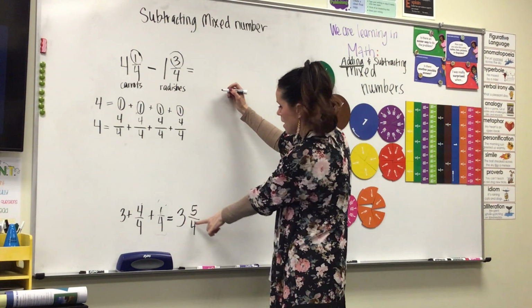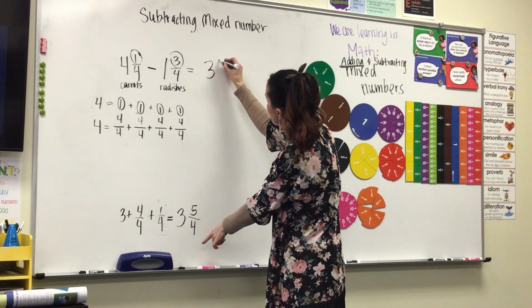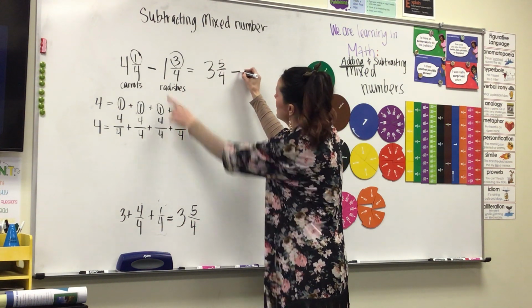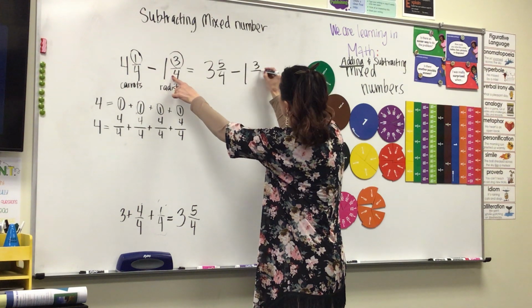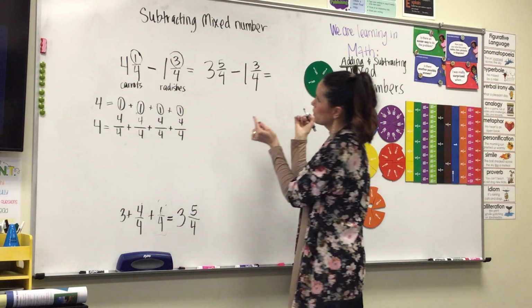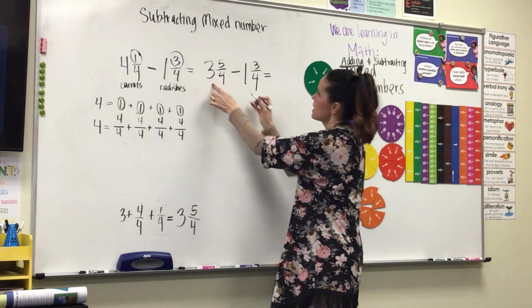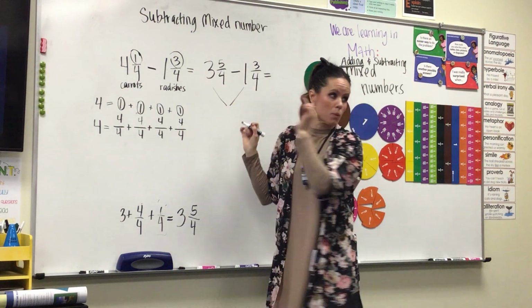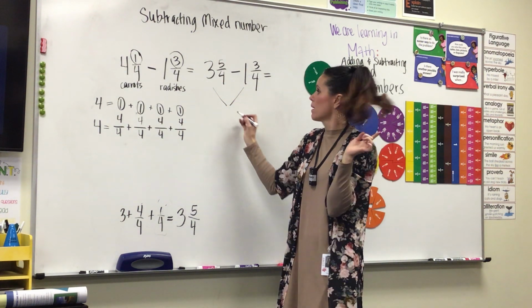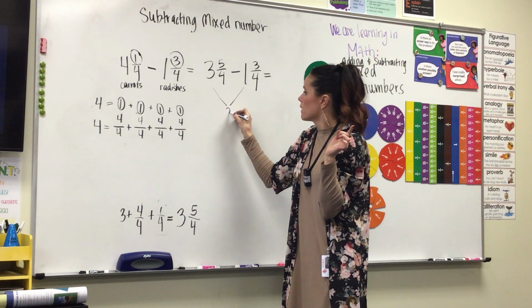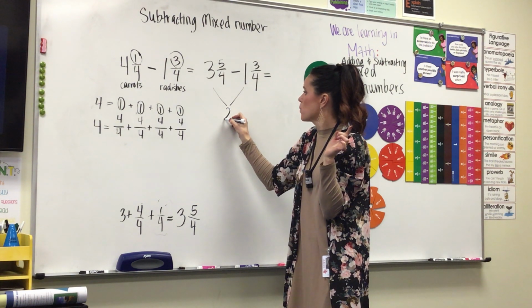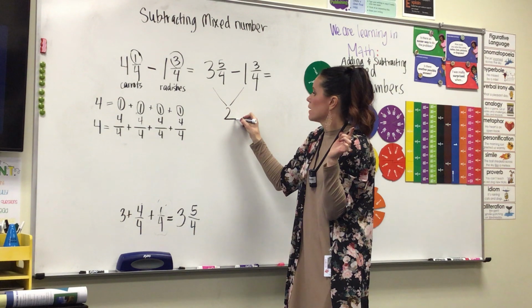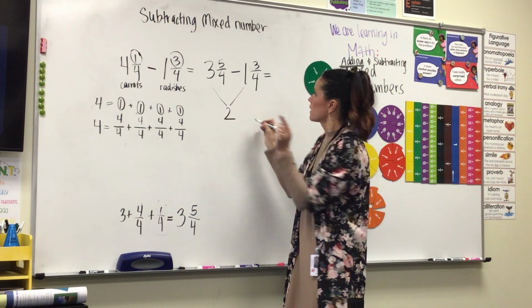So now, if I go 3 and 5 fourths, and I subtract 1 and 3 fourths, I can do this really easy now because 3 minus 1 is worth what, Riley? 3 minus 1 equals 2.